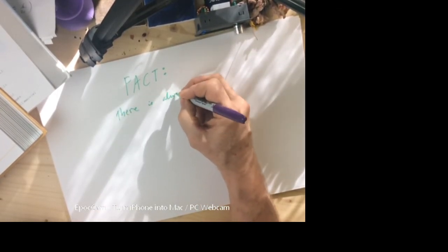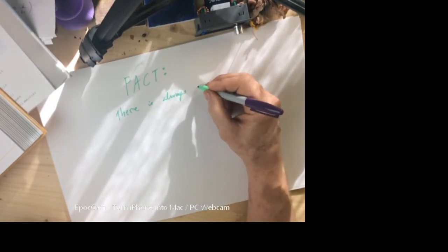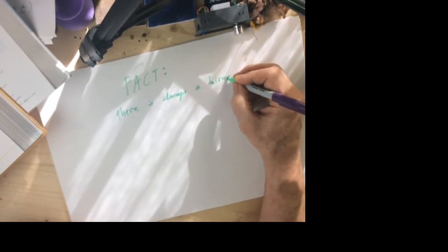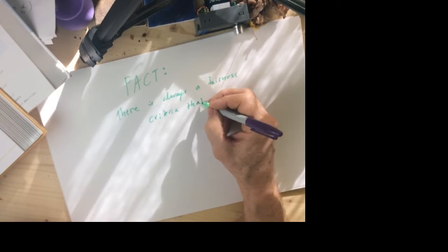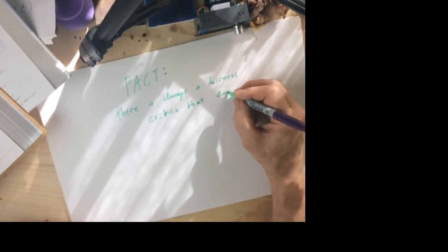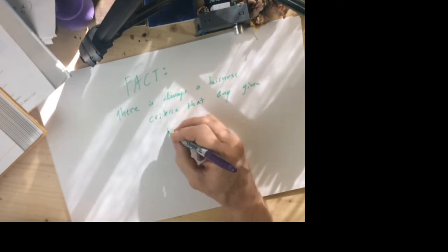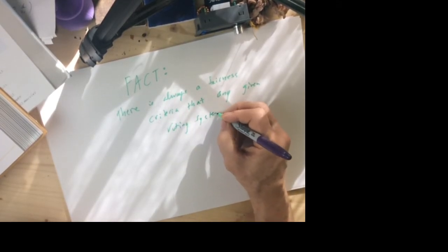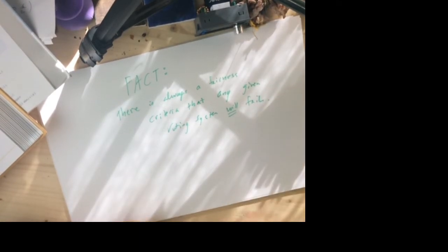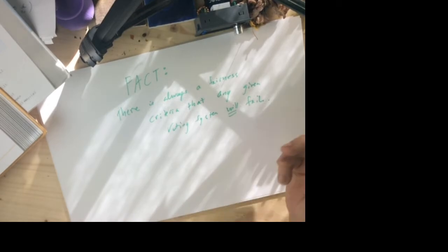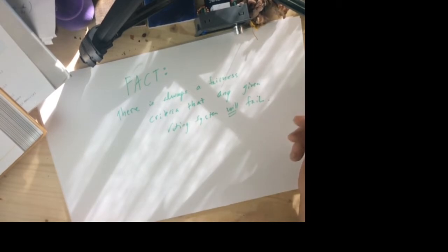There is always a fairness criteria that any given voting system will fail. In other words, if you come up with a fairness criteria, I can come up with a voting system that will demonstrate that that voting system doesn't work.